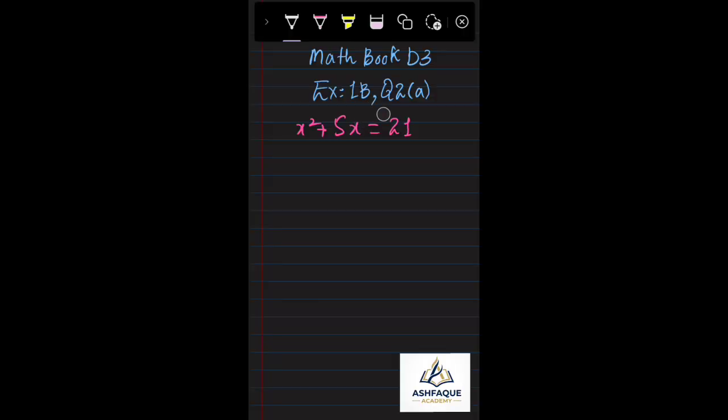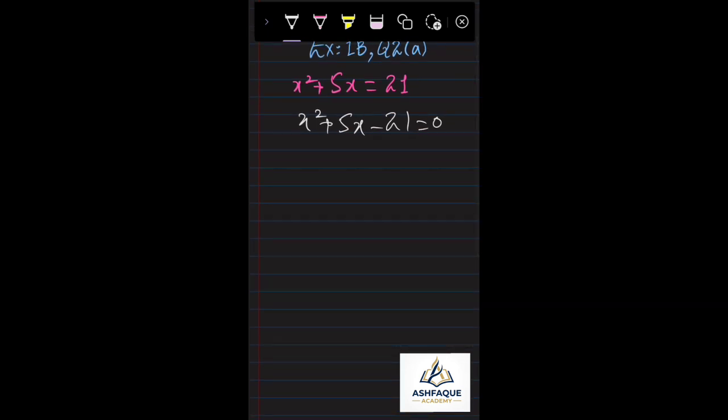Question number 2, part A, that is x square plus 5x is equal to 21. So now we have to simplify it first. x square plus 5x minus 21 is equal to 0. First of all, we will find the discriminant of this equation, that is b square minus 4ac.